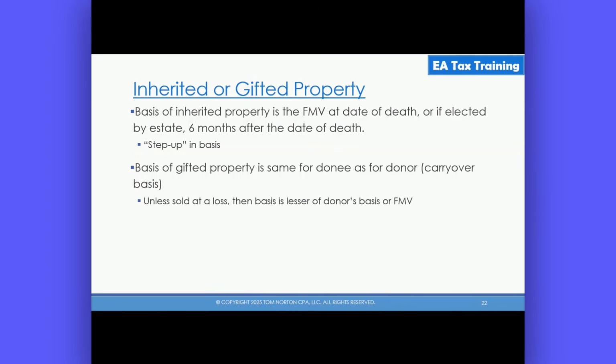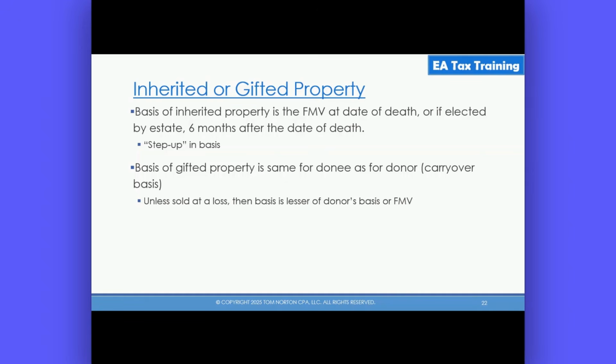So you'll want to know that, but when we talk about it now, we're going to be assuming that it is the fair market value at the date of death. So this is called a step up in basis, and it is a good thing for the person who is inheriting the property. So let's say you have a parent and they bought some Walmart stock back in 1986.